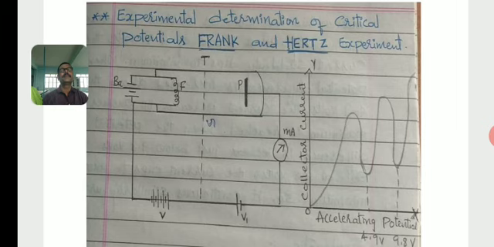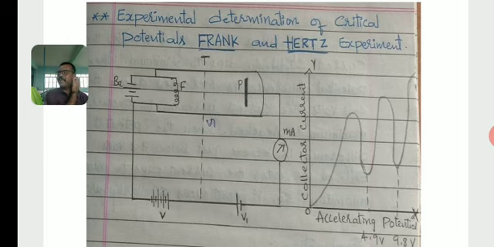The plate is connected to a milliammeter and the negative terminal of another battery. A grid is provided between the filament and plate.